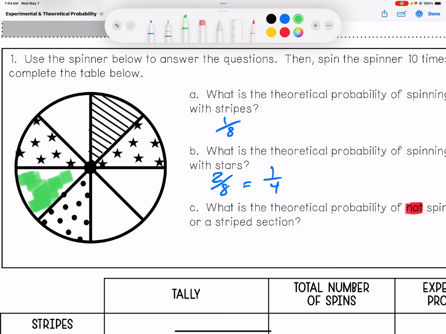Solid, solid, solid, solid. It's blank, it's solid. And then it says solid or striped. So what is the odds of spinning one of what's left? Well, how many are there? 3, oops, my bad. 3 out of, how many total were there? 8. So the odds of spinning something that's not highlighted in green are 3/8.